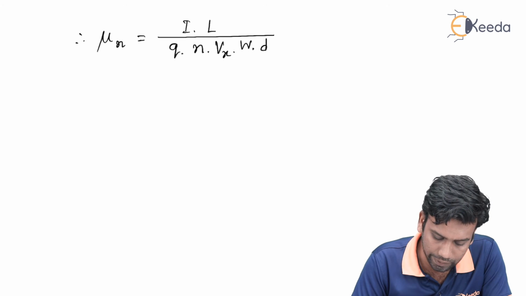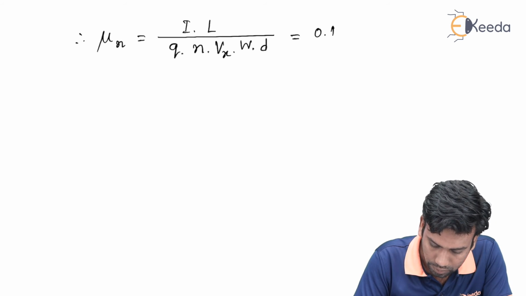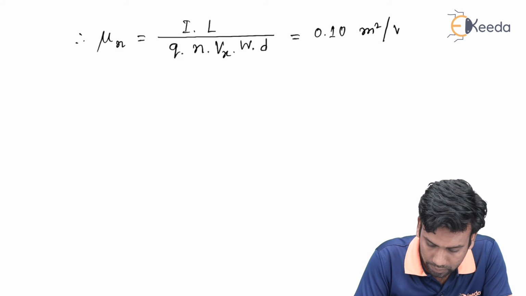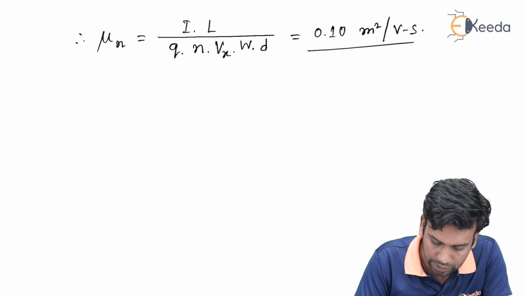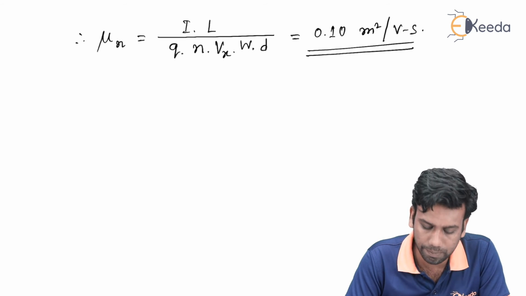If we put all the values and calculate, then you will get 0.10 meter square per volt second. So this will be the value of the mobility of the electrons of the given sample.